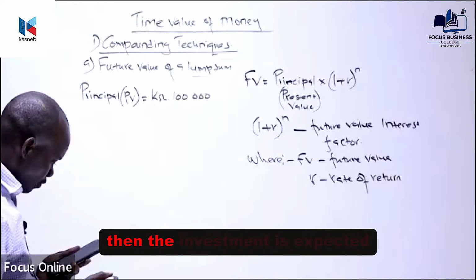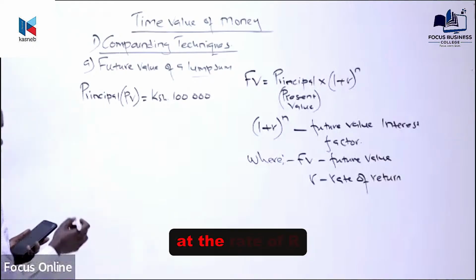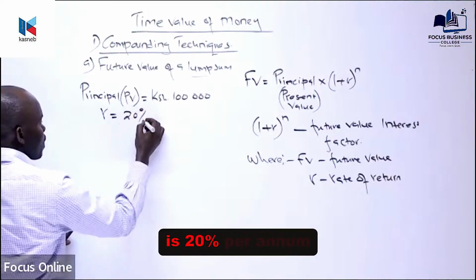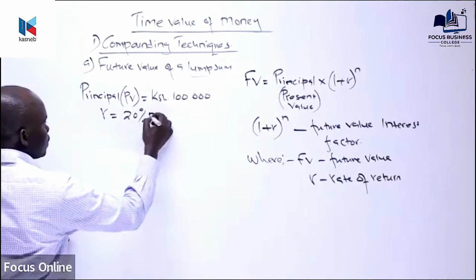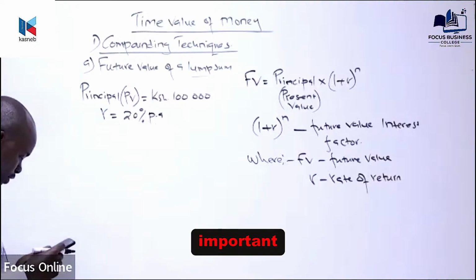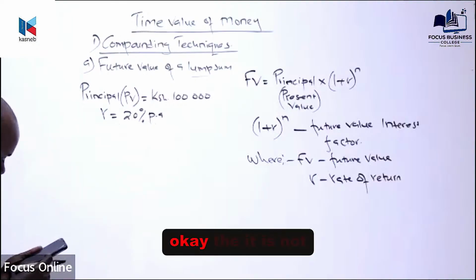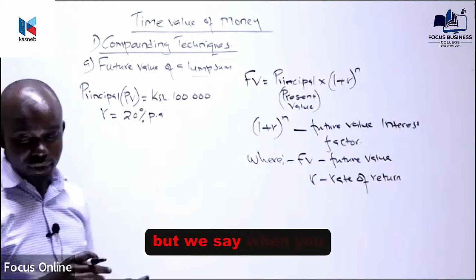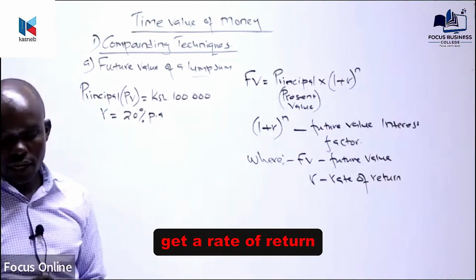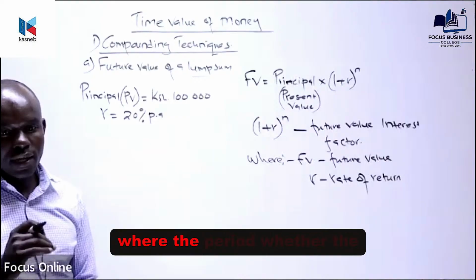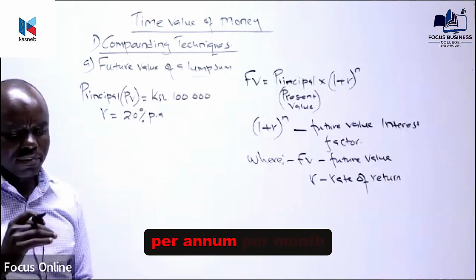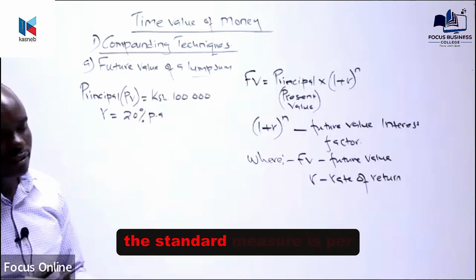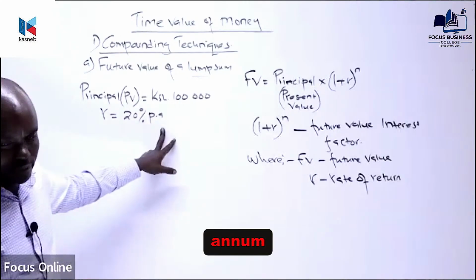Then the investment is expected to earn interest at the rate R of 20% per annum. This per annum is very important. They have not said per annum, but when you get a rate of return where the period, whether per annum, per month or semi-annually, is not stated, the standard measure is per annum.